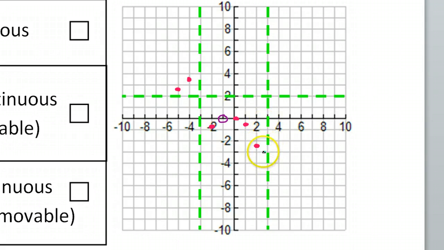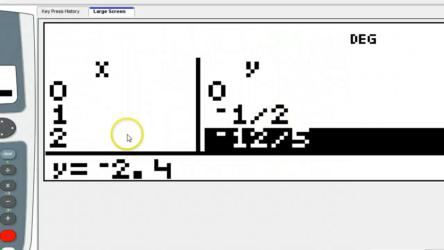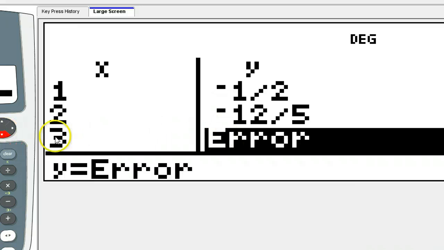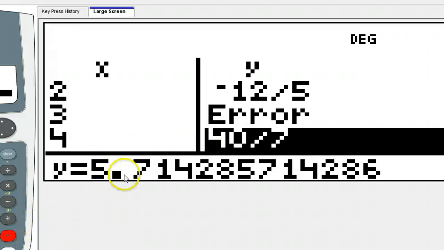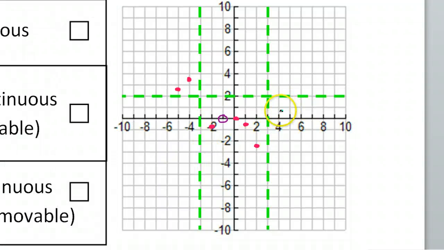Again, I'll come back and do the decimals afterwards. But let's take a look at 4, because at 3 there's our asymptote. At 4, we have 5.7. So 5.7 would be about there.